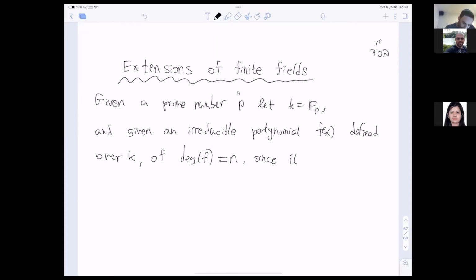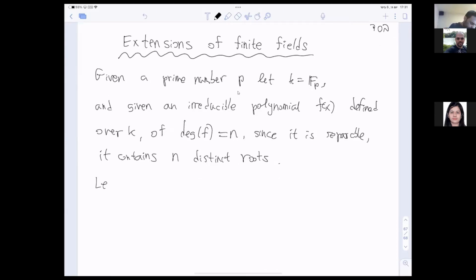Since it is separable, it contains n distinct roots. Let L be the extended field.